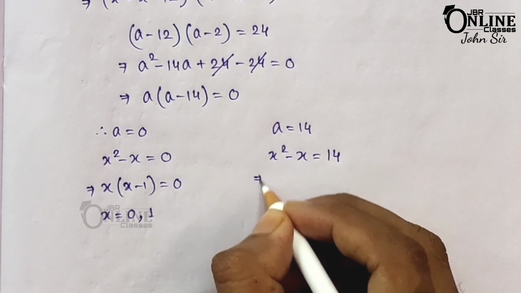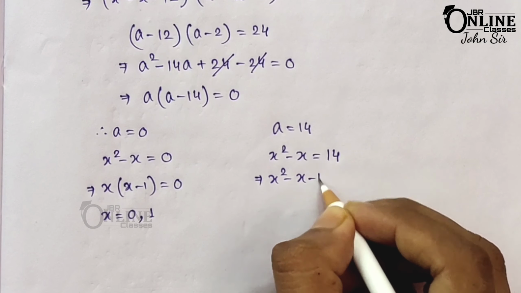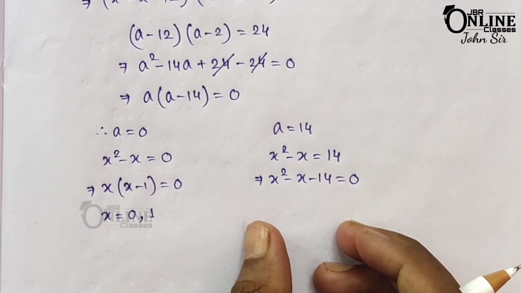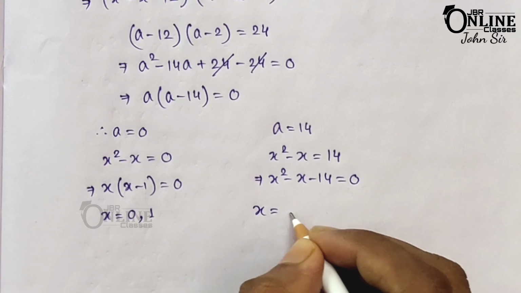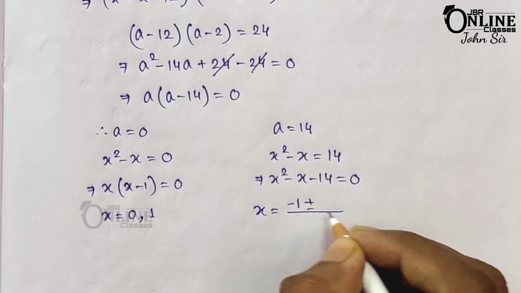And from the next one here, x square minus x minus 14, that equal to 0. Now by Sridharacharya formula, x equal to here you will get minus minus 1 plus minus.